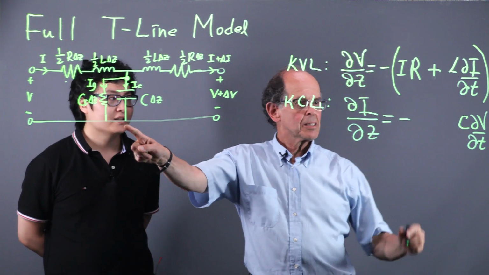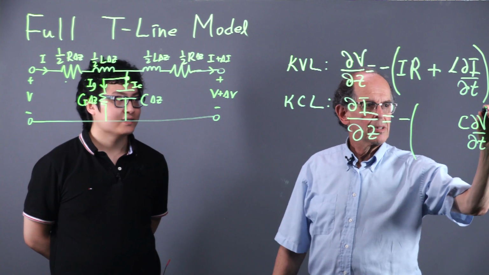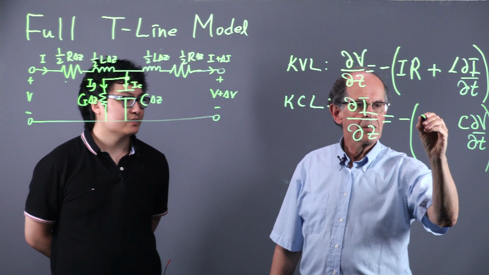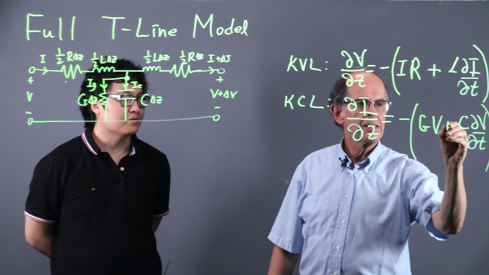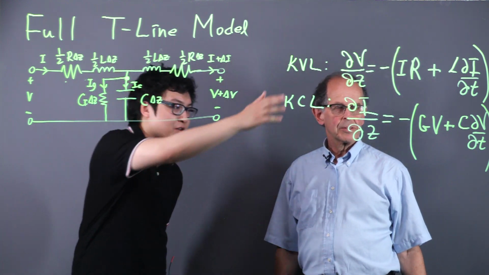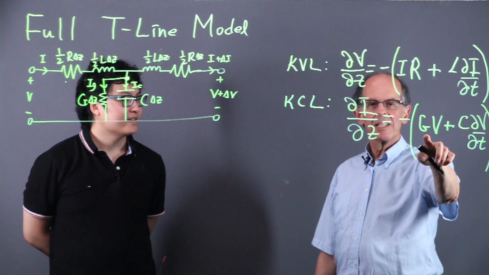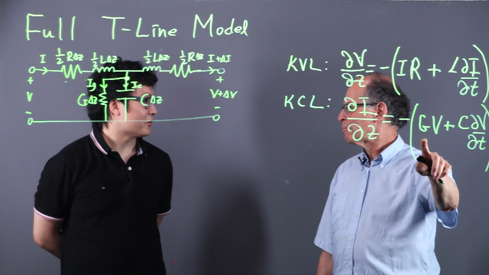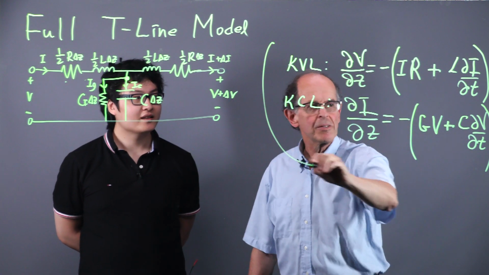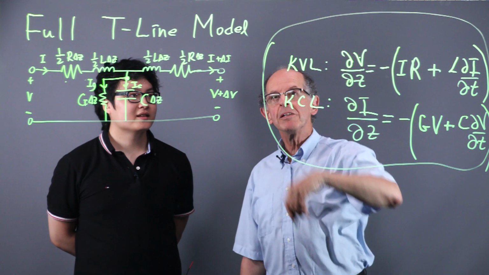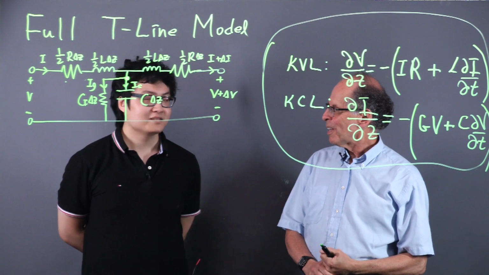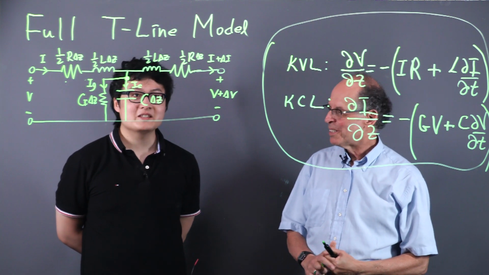And then the shunt currents add too, so we're going to have the C dV/dt current plus GV. If we put a resistance here instead of conductance, then you would have divisions instead. Yeah, we'd have 1 over some R. This is way cleaner. It has a nice symmetry to it. And now these are the full equations for our transmission line and what we're going to model. Easy peasy.